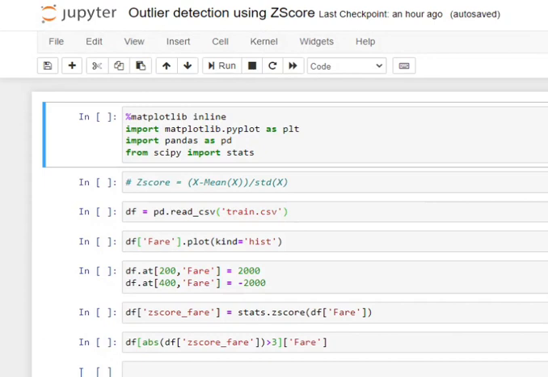So outlier removal is quite necessary, and today we'll understand how we can use the concept of Z-score from statistics to remove outliers. The formula for Z-score, as you can see on the second cell, is x minus mean of x divided by standard deviation of x, where x is the numerical column. So a single value of a particular entity minus the mean of the whole column divided by the standard deviation of the whole column.